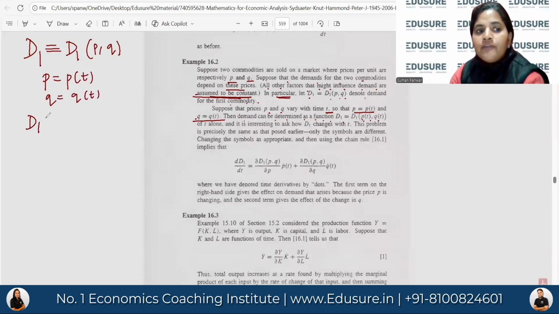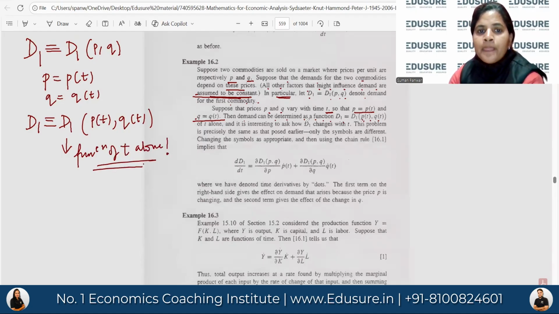So my demand function is now equivalent to D1(P(t), Q(t)). It means that now D1 is a function of t alone. Now, it is interesting to ask how D1 changes with t. This problem is precisely the same as posed earlier, only the symbols are different.